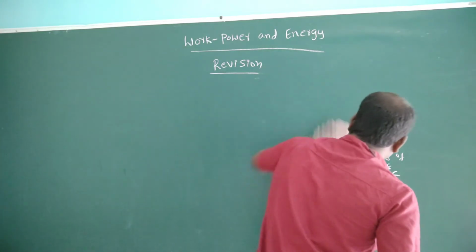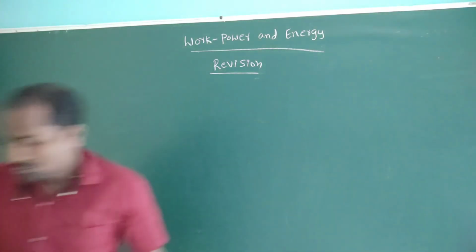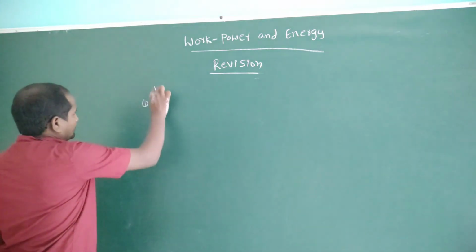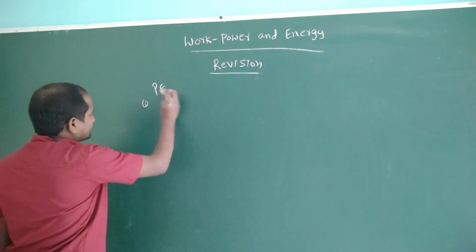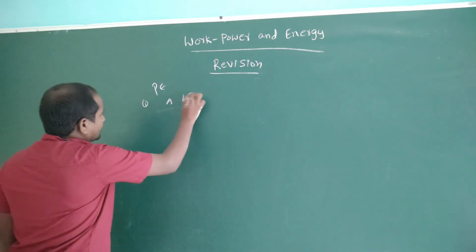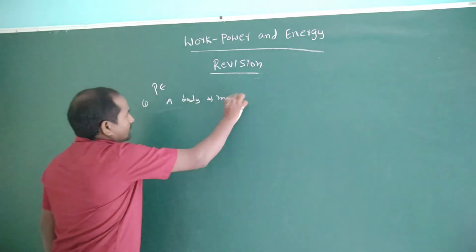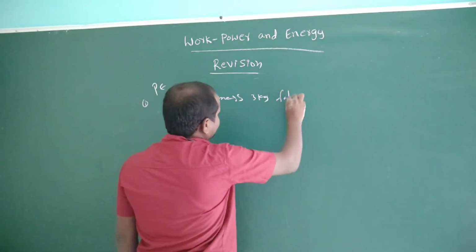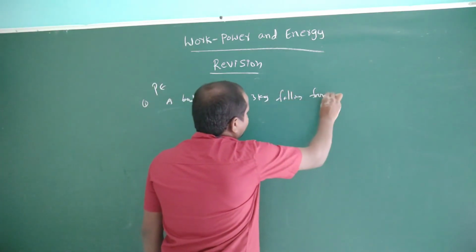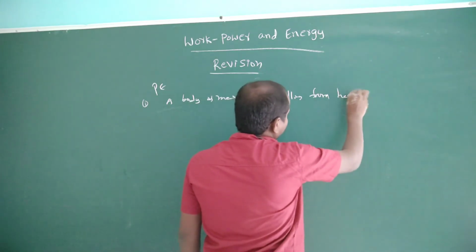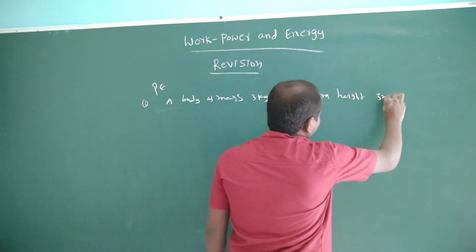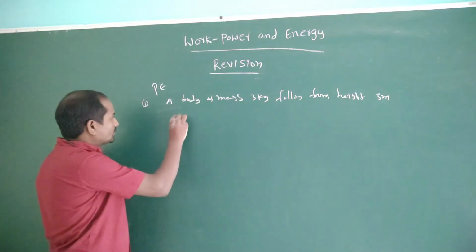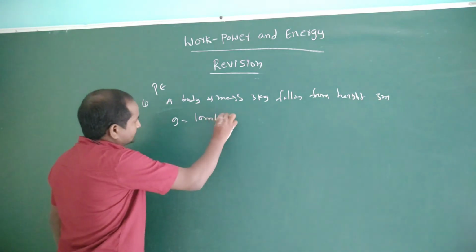Next one is potential energy. A body of mass 3 kg is falling from a height of 3 meters. Find the potential energy if g is equal to 10 meter per second square.